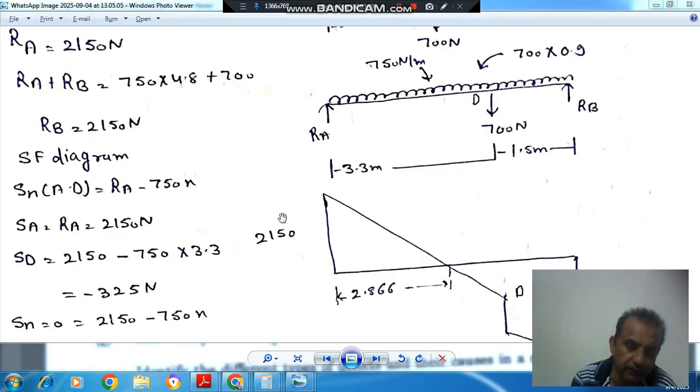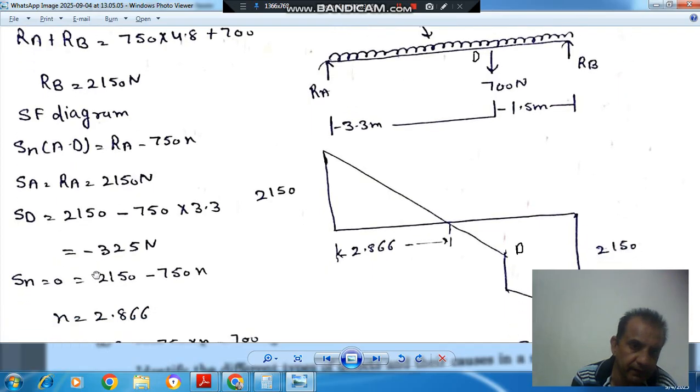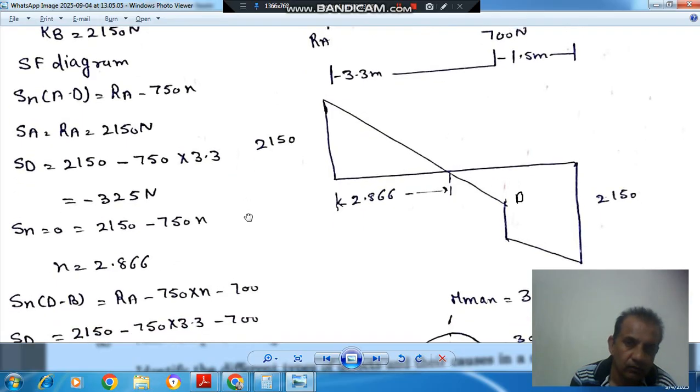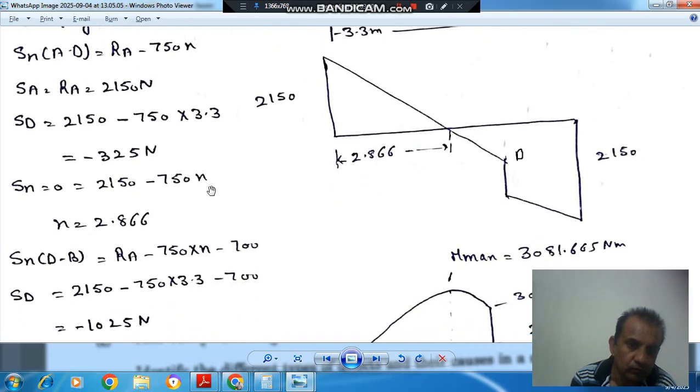So this is the origin. And if we take X equal to 3.3, then SD will be minus 325 Newton. And setting the shear force to 0, X will be 2.866. So here the shear force is changing its sign from positive to negative.